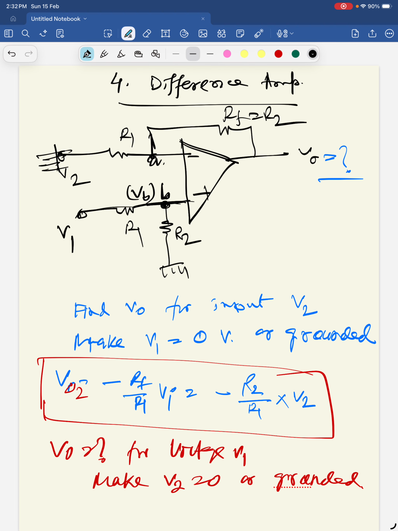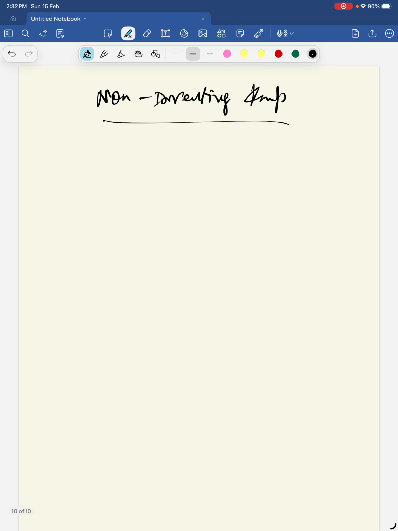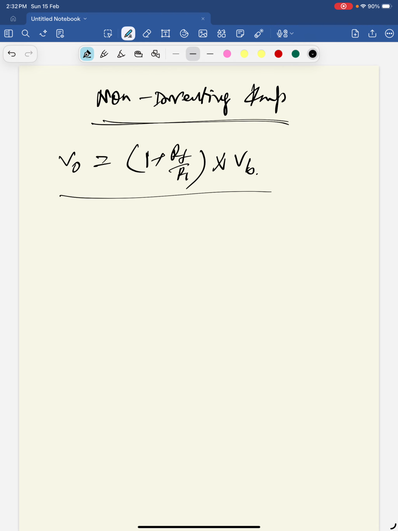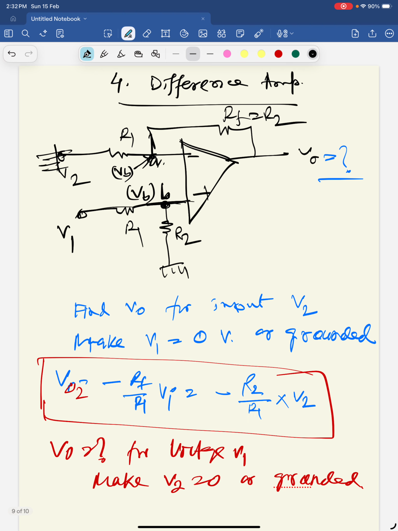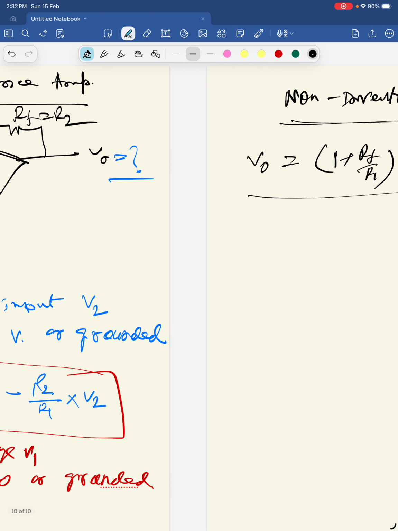And VB is nothing but this voltage. This voltage is also VB. So for a non-inverting amplifier, what is the output voltage? We know that 1 plus RF by R1 into VB, VB means this voltage. So we have to find out VB here.